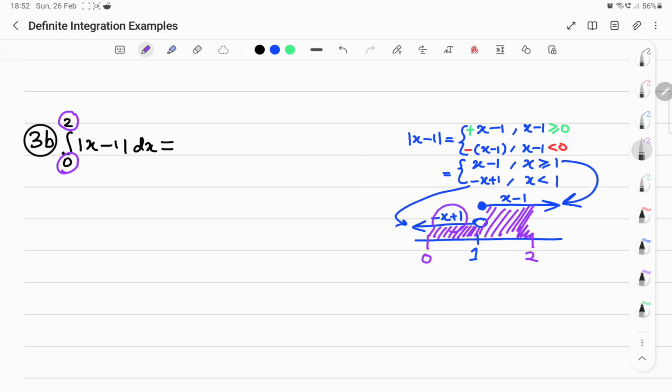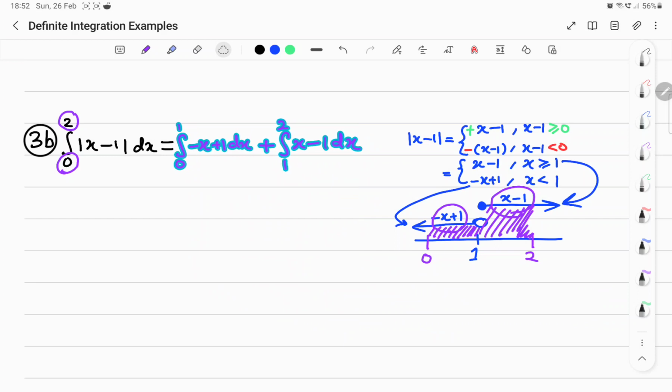The first arrow is this one, which means the integration from 0 to 1 of minus x plus 1 with respect to x. And the second shading touches the second arrow, which belongs to the integration from 1 to 2 of the function x minus 1 with respect to x. So this is the integration.